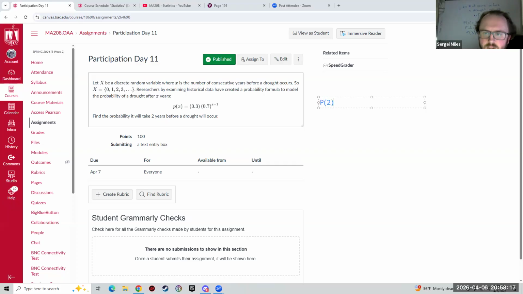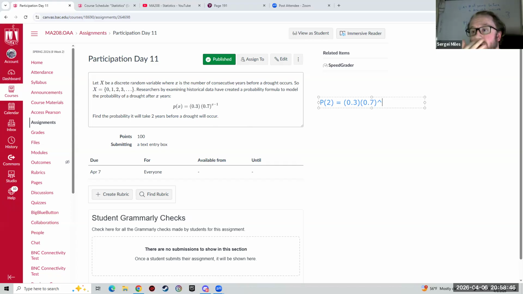P of 2 is equal to 0.3 times 0.7 raised to the, I'll use a parenthesis, I'm using the caret symbol for an exponent, just for typing on the screen, but on a calculator, I would use the power button. 0.7 raised to the 2 minus 1.